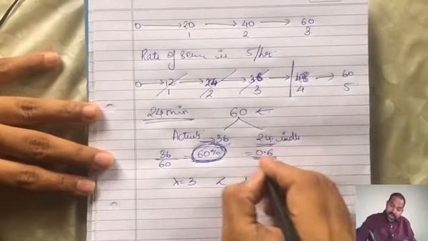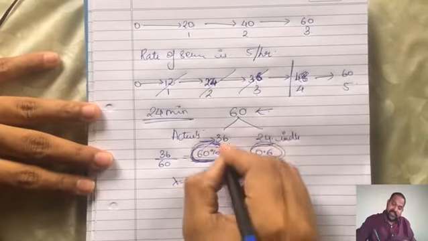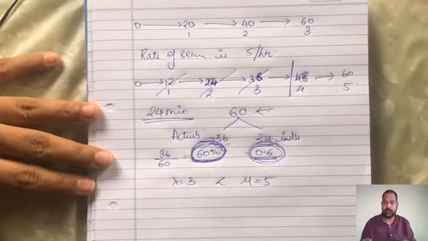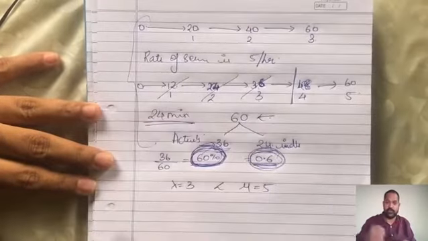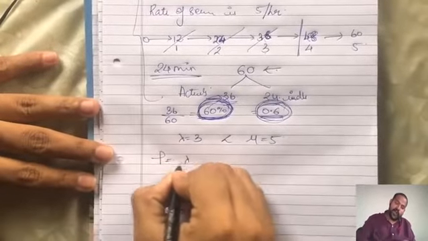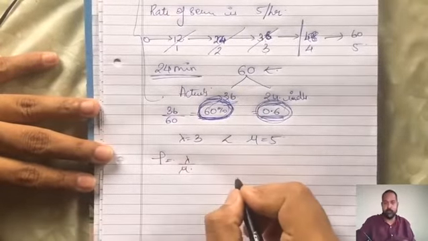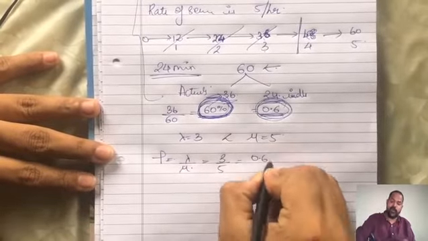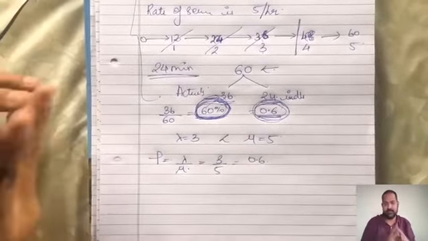So this utilization that is happening, this 60% that you are utilizing, does not need to be found with all of this. There's one simple thing that you could do. You could find rho, which is lambda upon mu. Lambda is 3 and mu is 5, which is 0.6. That's it.